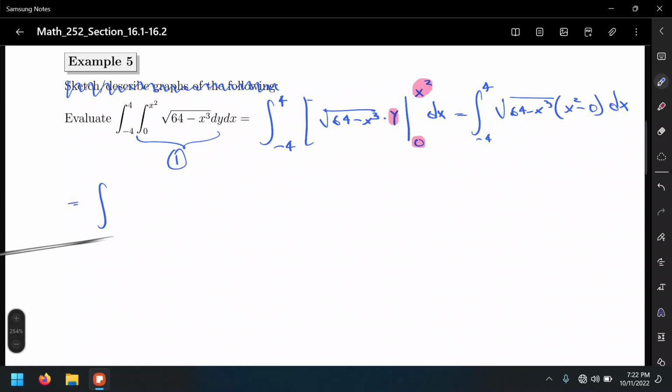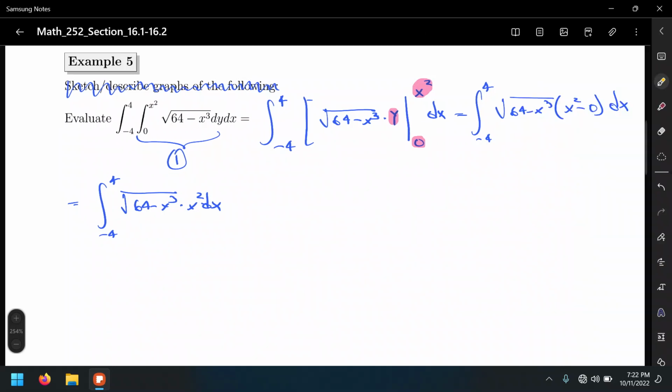So the integral from -4 to 4 of the square root of 64 minus x cubed times x squared dx. Now we may be able to compute this integral, because the quantity multiplying the dx, which is x squared, is 1 degree less than what we have inside of the radical. So the du setup is going to work just great.